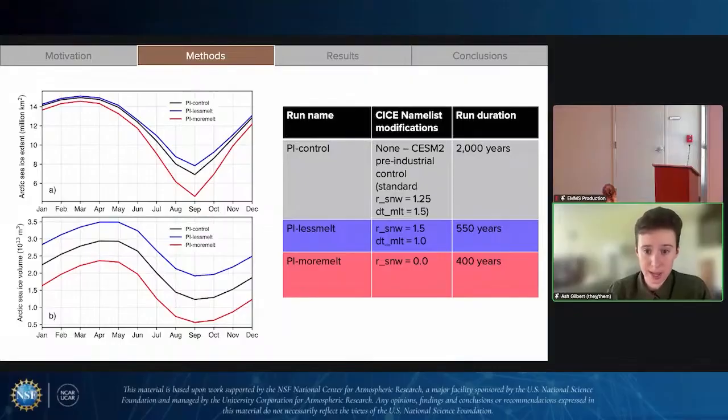PI nudge less melt is from PI less melt, which is the blue line, and it has a larger sea ice extent, particularly in the late summer, and larger sea ice volume year-round. And then PI nudge more melt is from PI more melt in red and has a much smaller sea ice extent in the late summer, and again, a smaller sea ice volume year-round. As for the mean state, PI more melt sea ice extent and volume are close to modern day sea ice extent and volume.